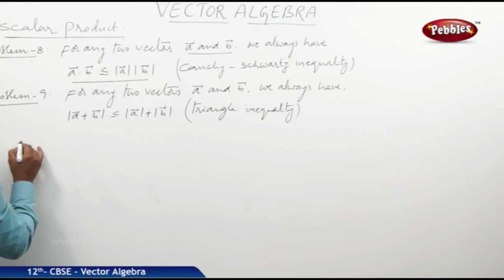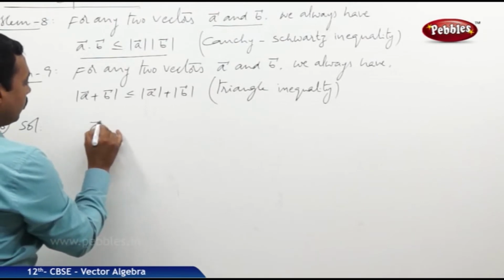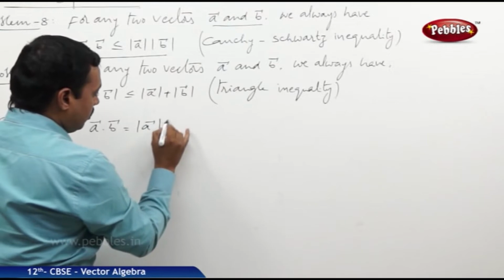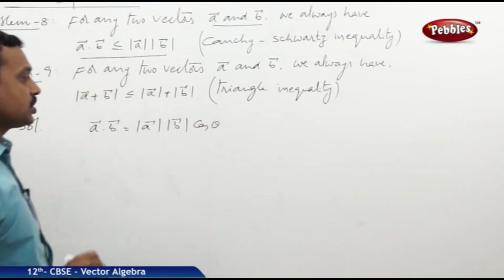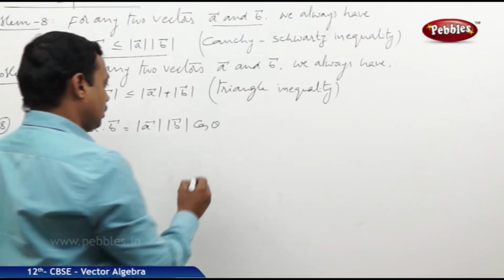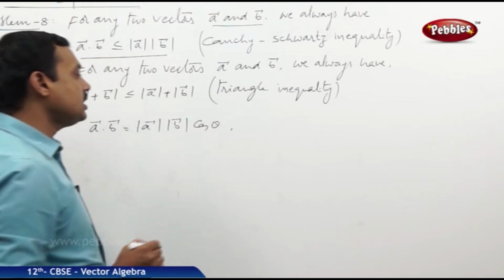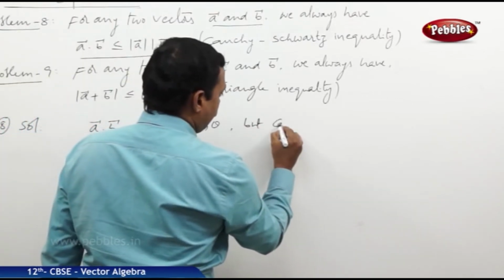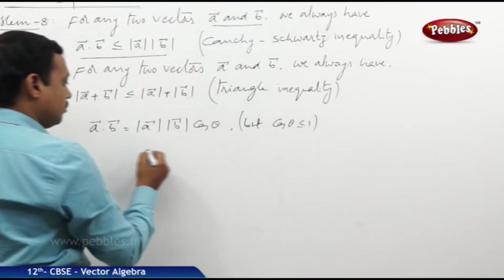Now, let us prove it. We have A bar dot B bar is equal to mod A mod B cos theta by the definition of the dot product. But cos theta is always less than or equal to 1.